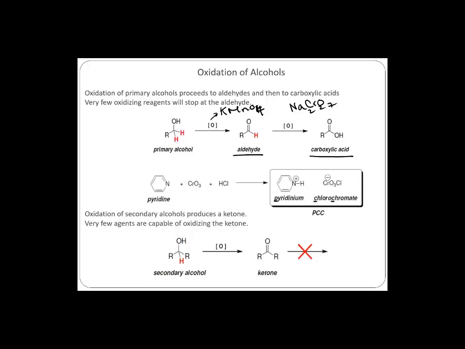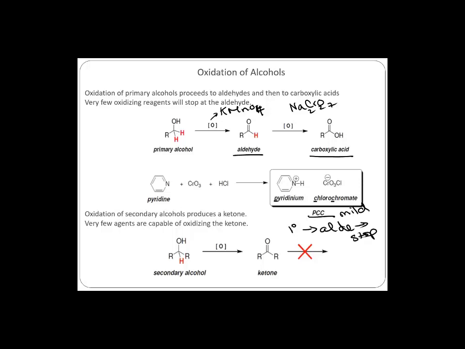Now, there are some milder oxidizing agents that you can use. An example of one is a reagent called PCC. PCC is so mild that it will go from a primary alcohol to an aldehyde and stop. So that's something to note.